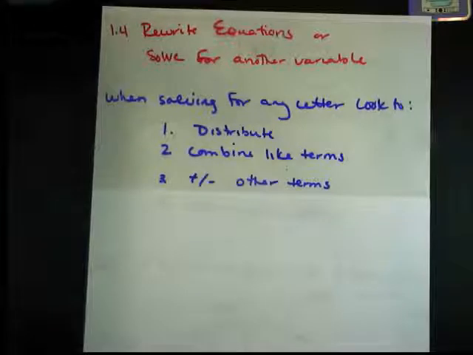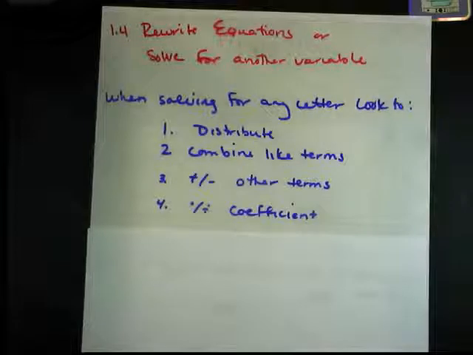Then we add or subtract any terms that are added or subtracted to the one we want. We called this a constant when we deal with our numbers, but now it could be an actual letter. And the last thing we do is multiply or divide out the coefficient, or whatever it is that's being multiplied to the letter we want.